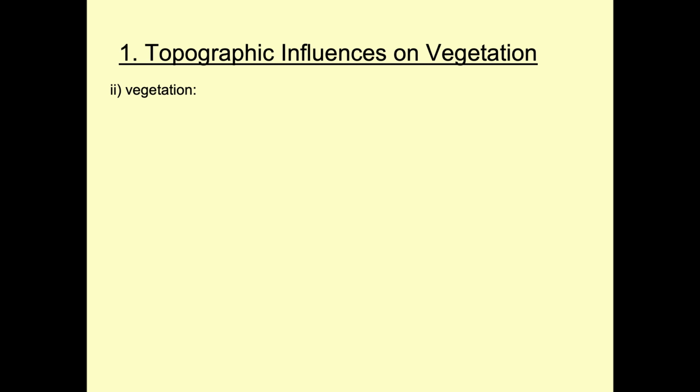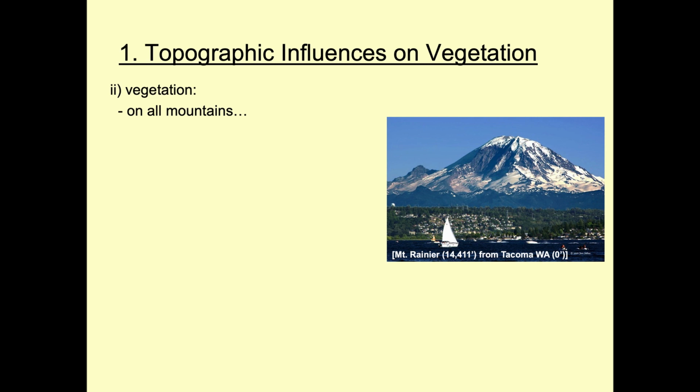Next thing we have to focus on is how vegetation actually directly changes with these increasing elevation patterns. So, on all mountains of the world, the vegetation changes with elevation. This occurs due to the changes in temperature and moisture that occur as the air parcels rise up the mountain.